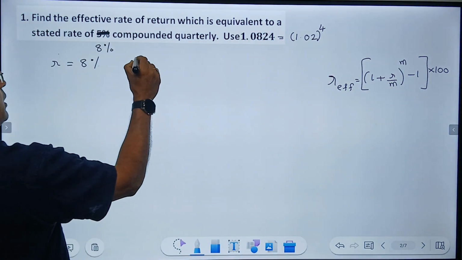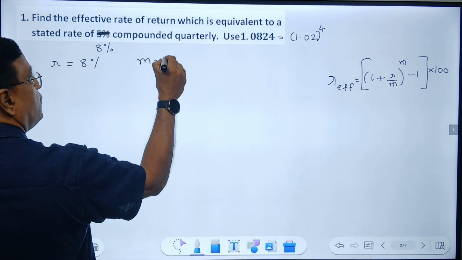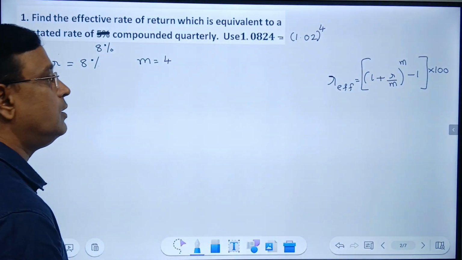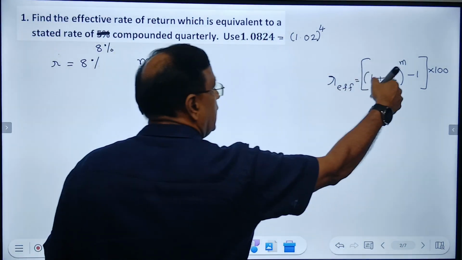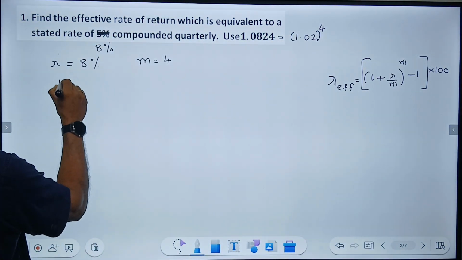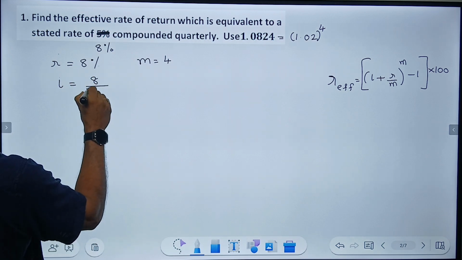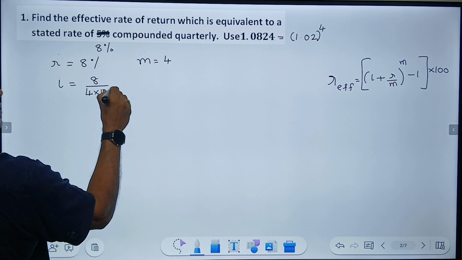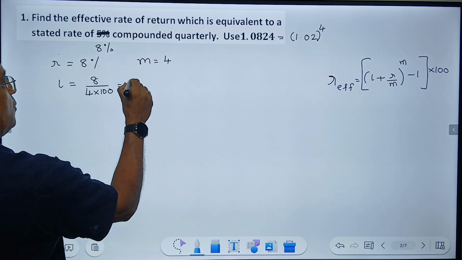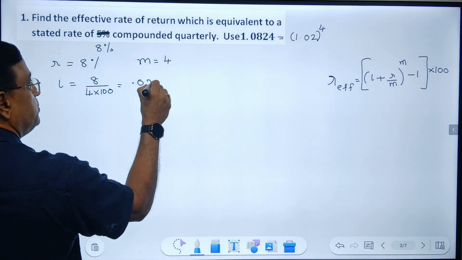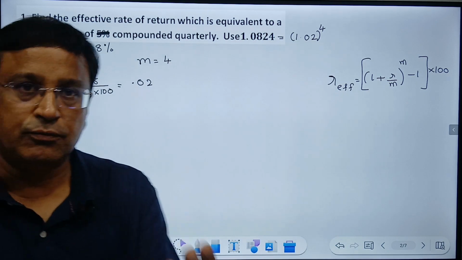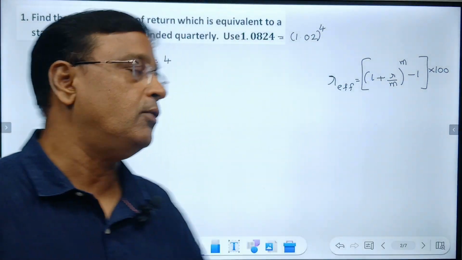So m is 4. Now your rate of interest i should become r by m. Your i will be 8 by 4, so that will be 0.02. Since you are paying it 4 times, the interest has to be divided by 4.